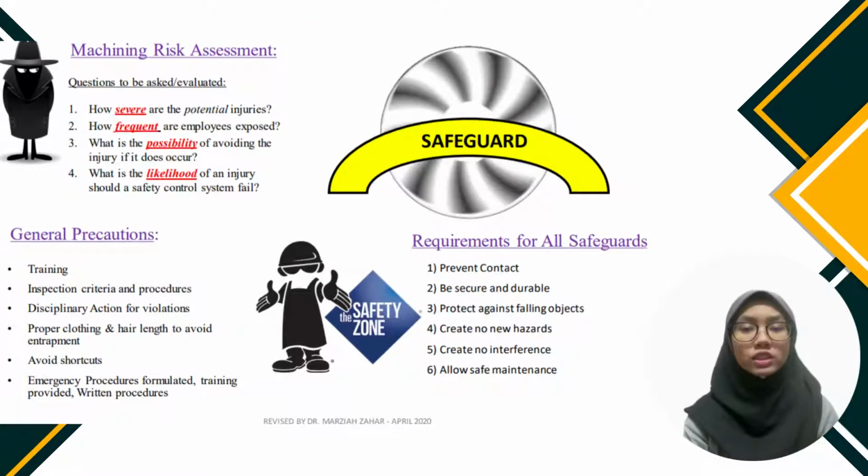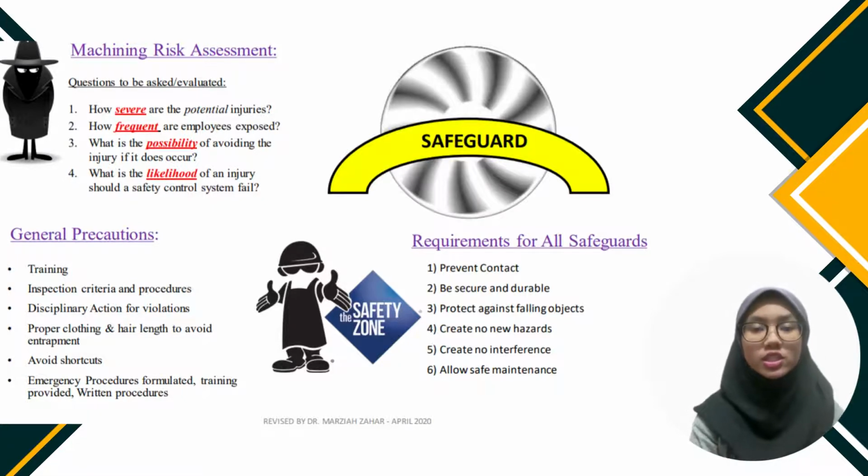We need to do a risk assessment to prevent machinery hazard. A risk assessment is used in machine safety to identify, document, eliminate, or reduce hazard in a particular machine or process.